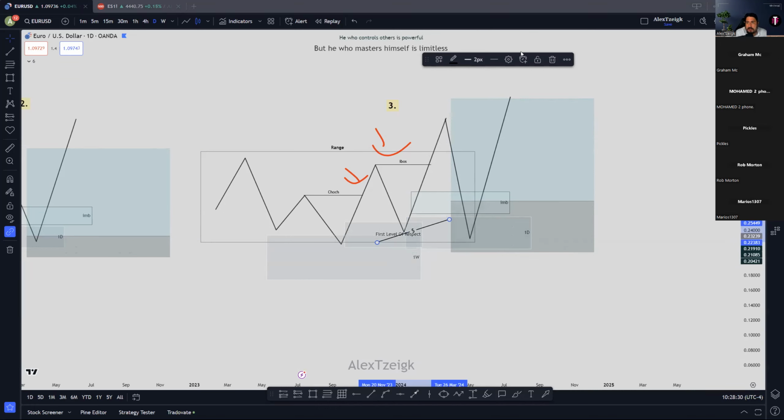I don't prefer it because, as I have mentioned in my previous stream, I use liquidity only for targets.